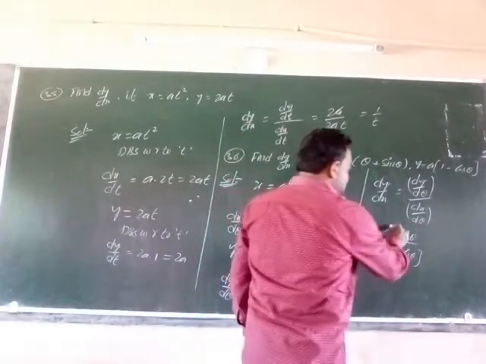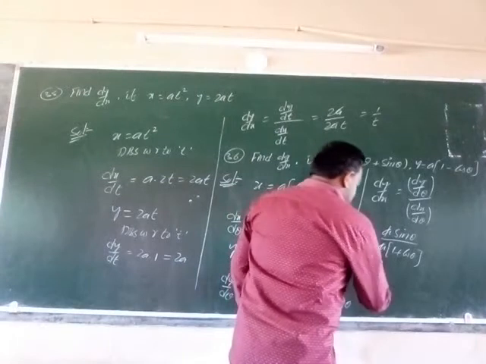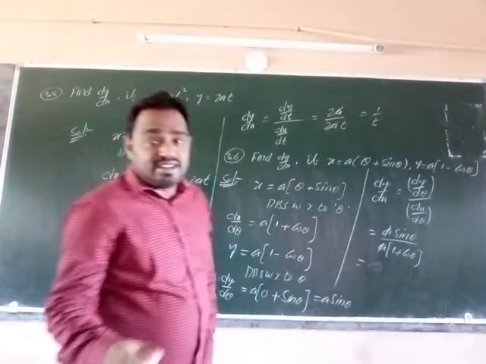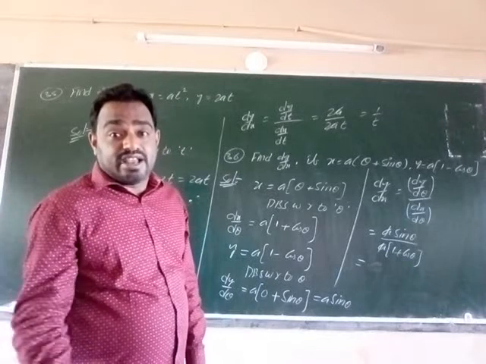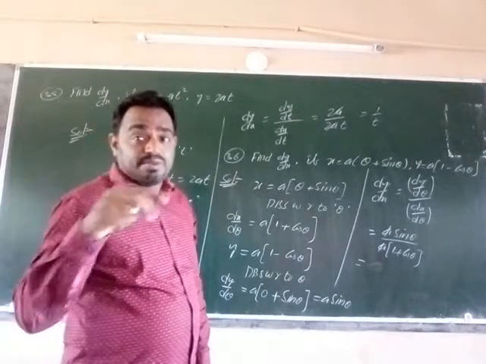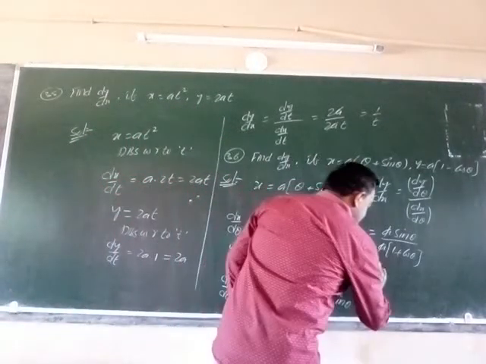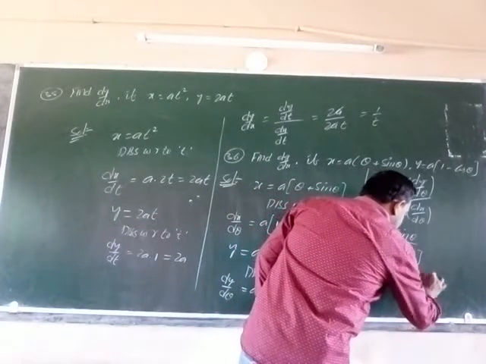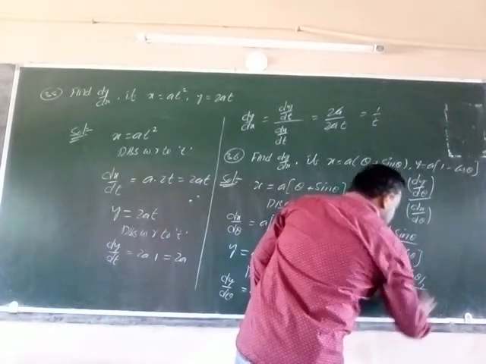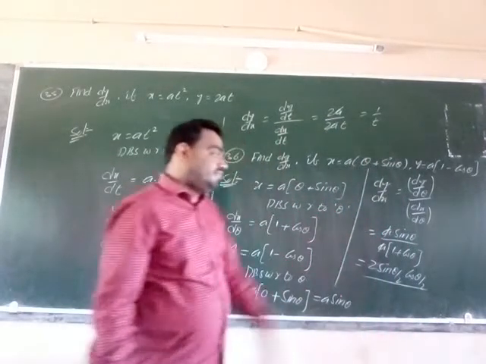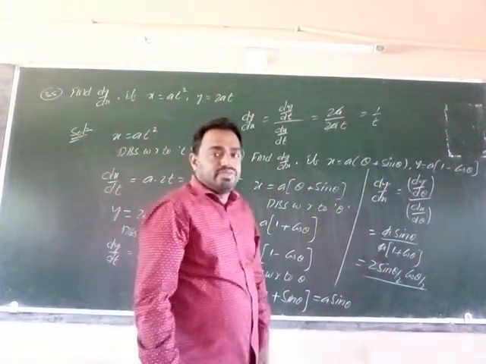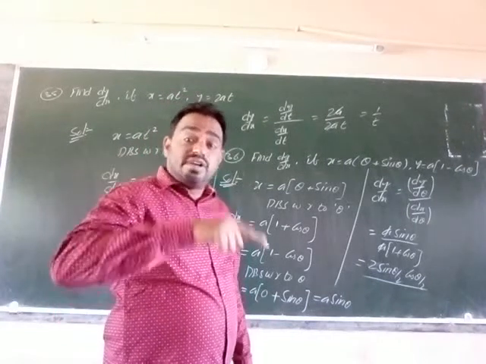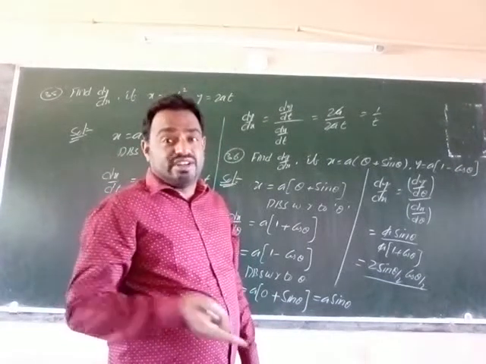Here a gets cancelled. Using submultiple angles, sin theta equals 2 sin theta by 2 cos theta by 2. Now for 1 plus cos theta: cos 2 theta equals 2 cos square theta minus 1, so 1 plus cos 2 theta equals 2 cos square theta.